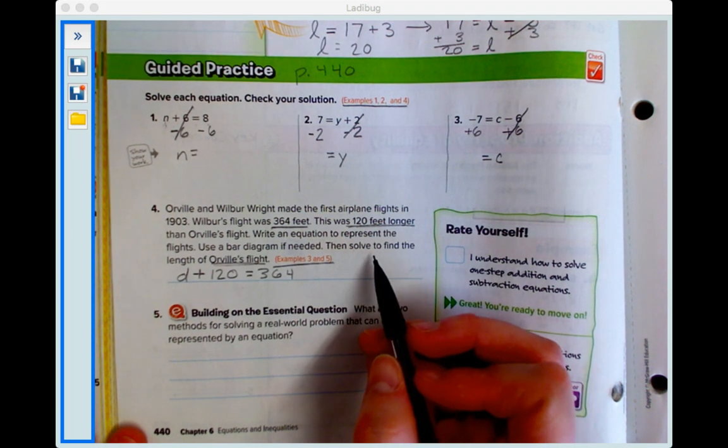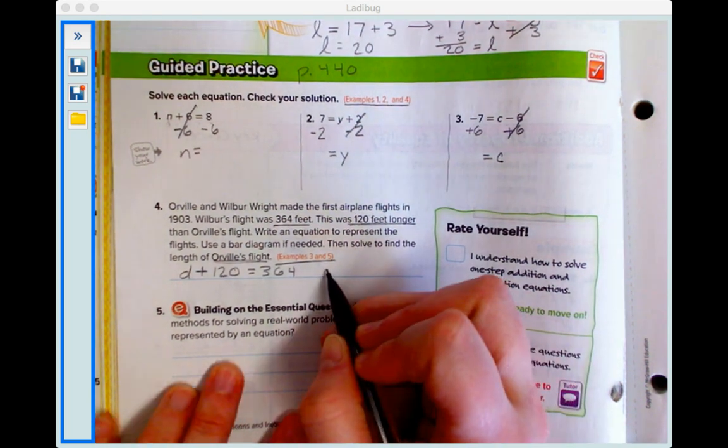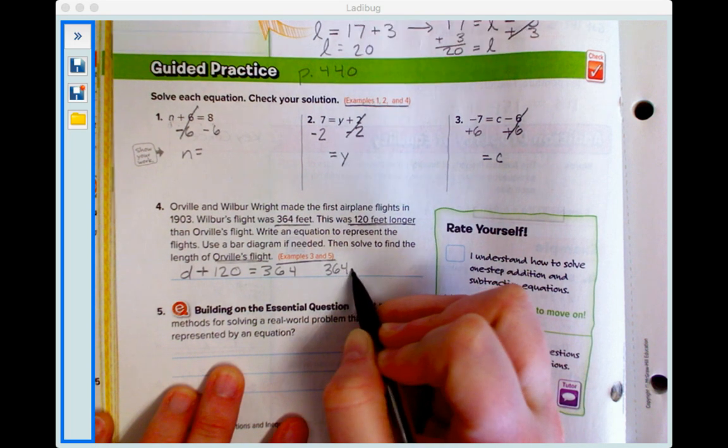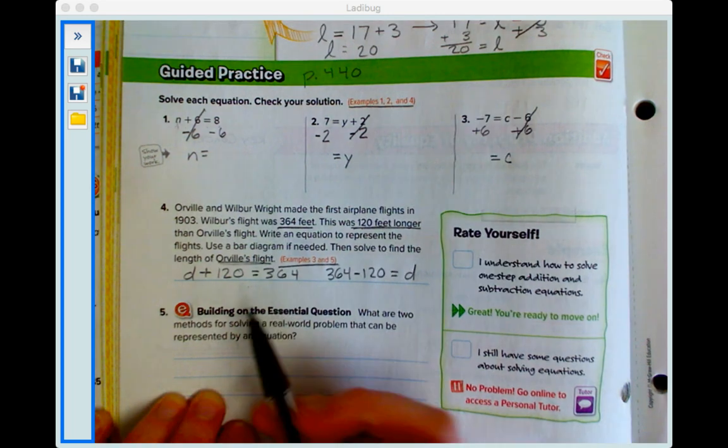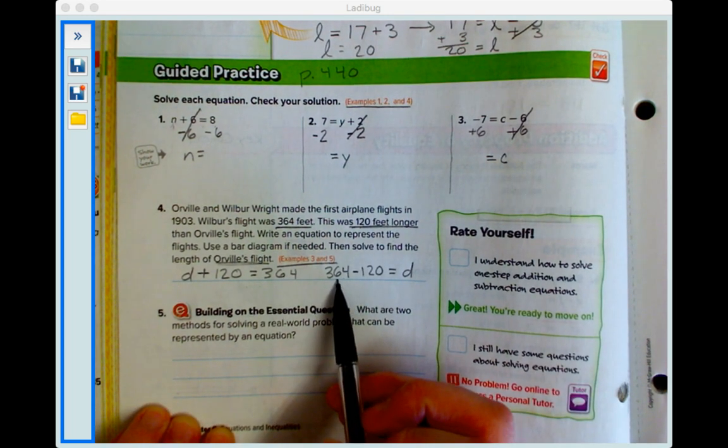You could also write it like 364 minus 120 would equal D. Both of these are correct.